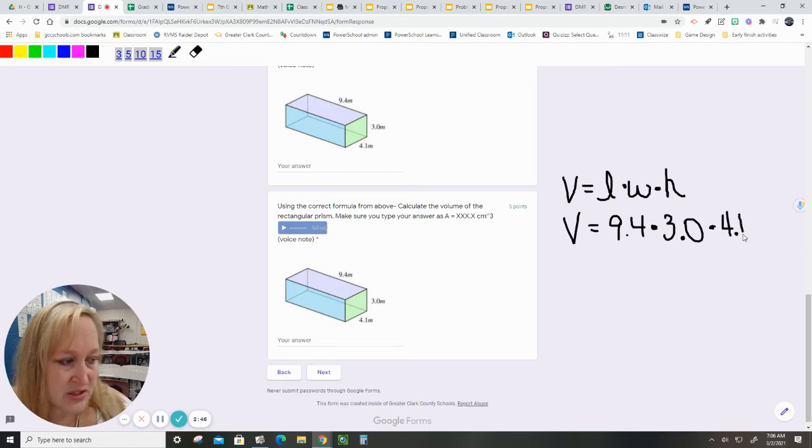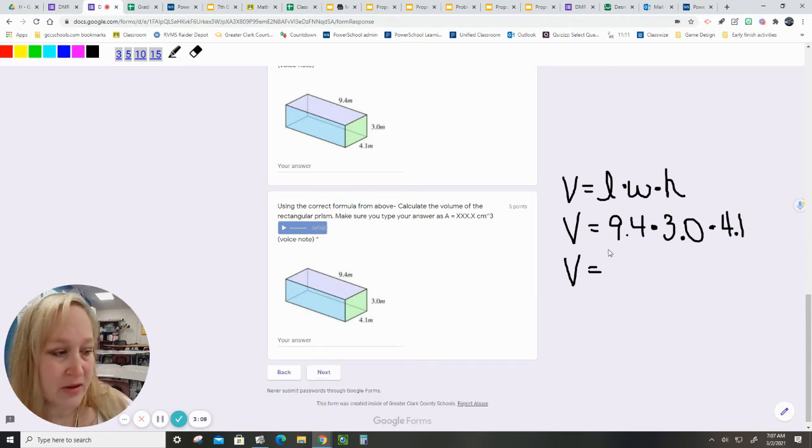Okay, so as you can tell, I'm off to the side writing, which is what you guys should be doing. I'm substituting my length. I'm substituting my width. I'm substituting my height. So I have one of each one of these numbers over here. Then you simply multiply and get your answer. And you will type it in here.